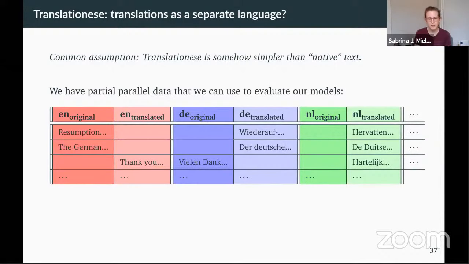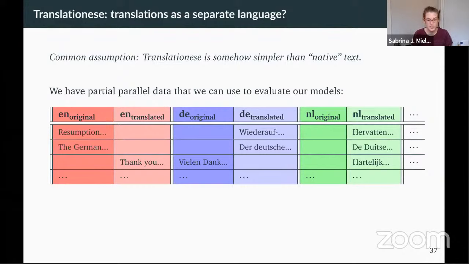And now the neat thing is with Europarl, we do have parallel data that indicates whether it's an original or a translation. So every sentence, every row in our corpus is original in just one language and translated in all the others. So now we have this matrix, and you might say, yes, this looks exactly like the missing data matrix we were talking about at the beginning.